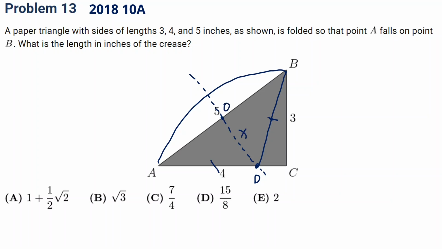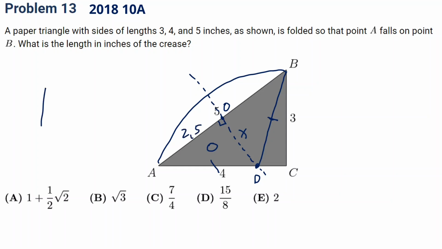Let's assume this is x. You can see this is perpendicular, which means the small triangle is similar to the big triangle ABC. For small triangle AOD, we know this is 2.5.